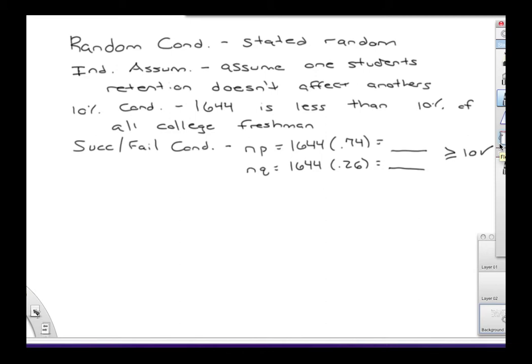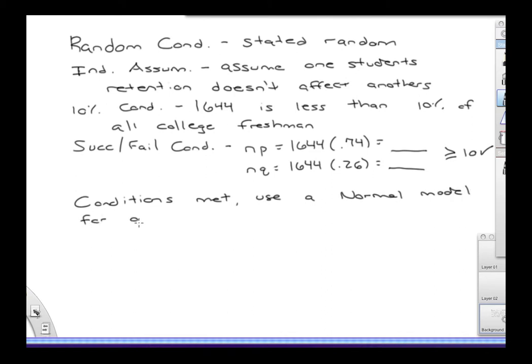And then we're going to do what we did in chapter 18. We need a transition statement before we get to the mechanics of creating this confidence interval. So we're going to say our conditions have been met. We're going to use a normal model for part A, and you have to name the inference procedure to earn credit on the AP exam.